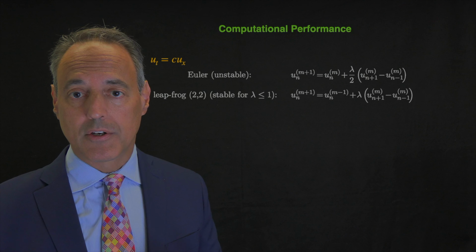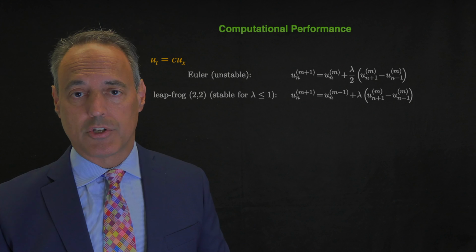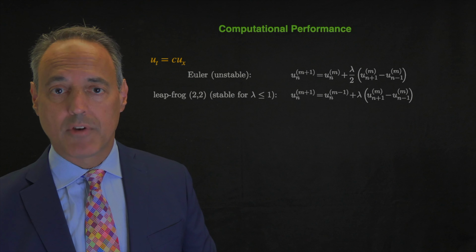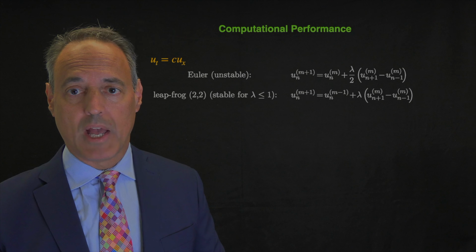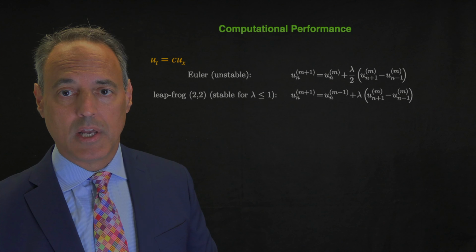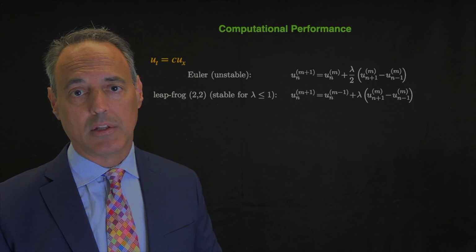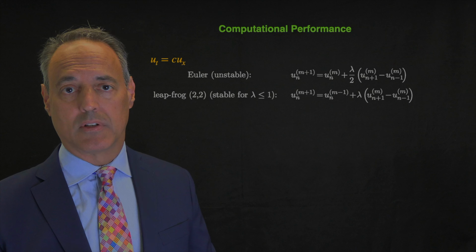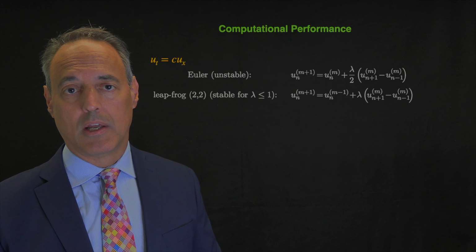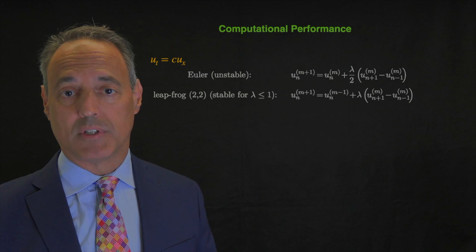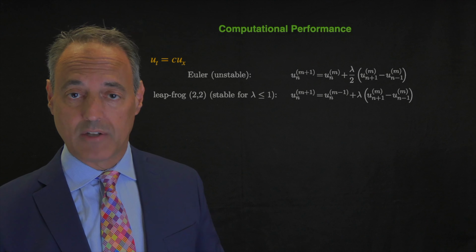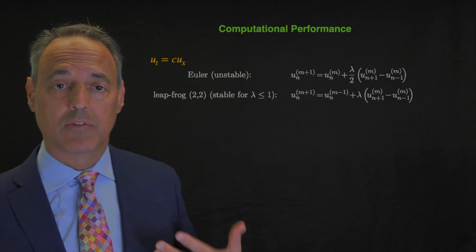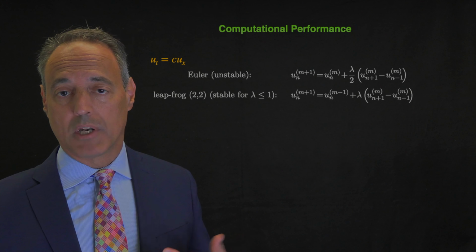Now, a reminder of what we're going after for computational performance. Let's consider the one-way wave equation. We have an Euler scheme and a leapfrog 2-2 scheme. The leapfrog 2-2 is stable for lambda less than or equal to 1, and Euler is always unstable. We were able to explicitly compute these things from a von Neumann analysis.